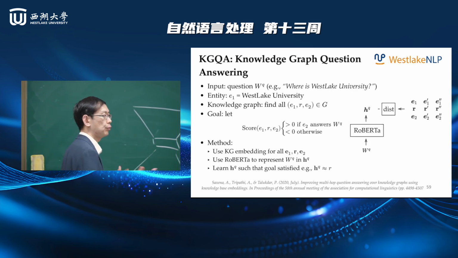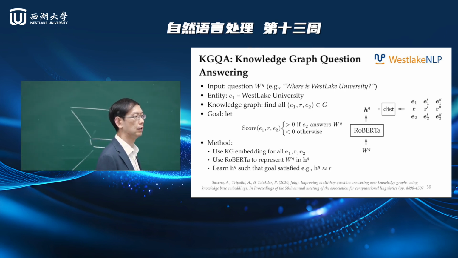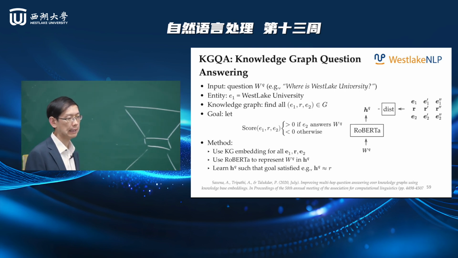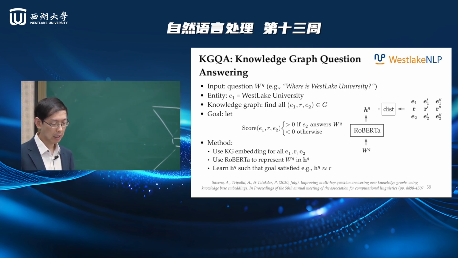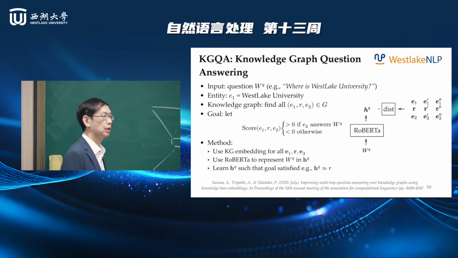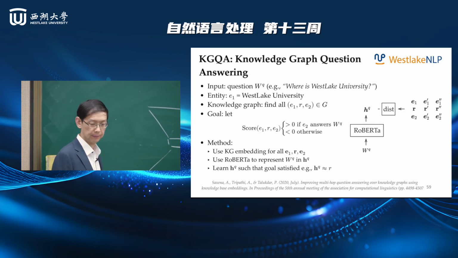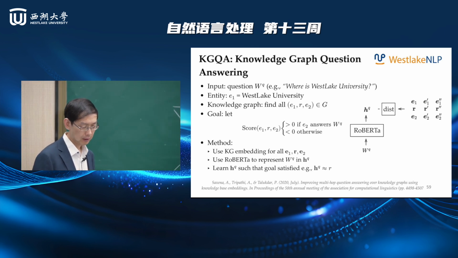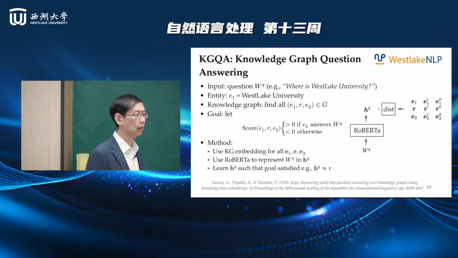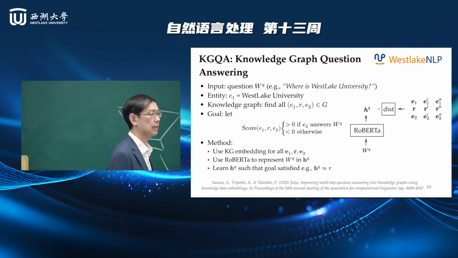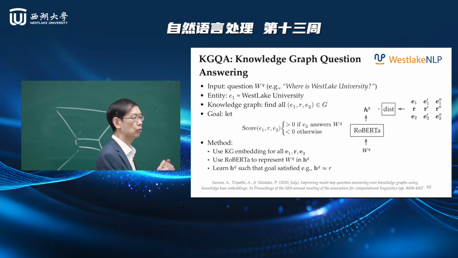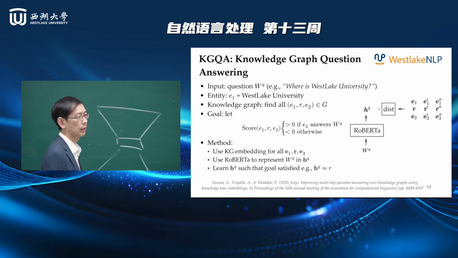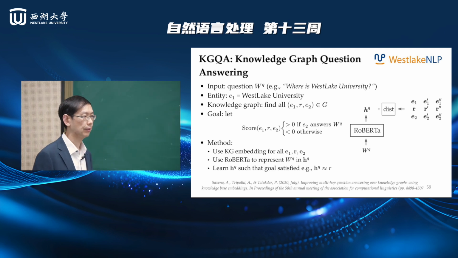Now, suppose you have pre-trained the knowledge graph so that every node and every relation has an embedding. I can represent the graph now. How do I do the question to graph matching? We can do a mapping between a question and a representation vector by feeding the question to BERT and getting the hidden state for the CLS token. Now the question is a vector.